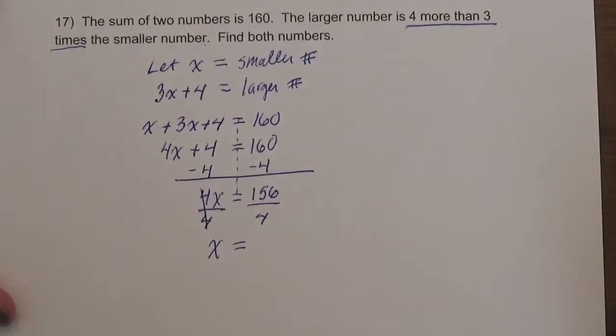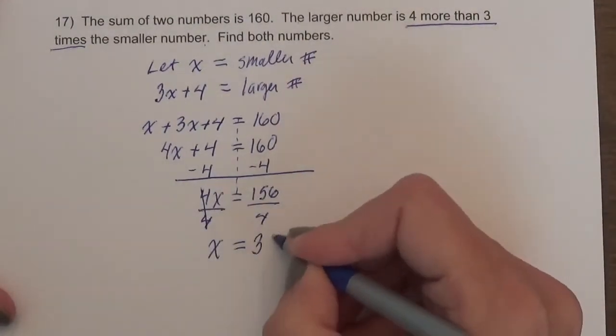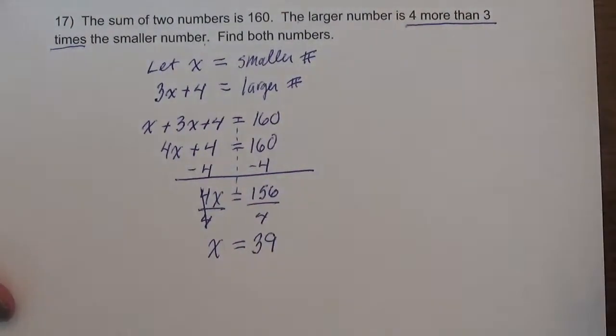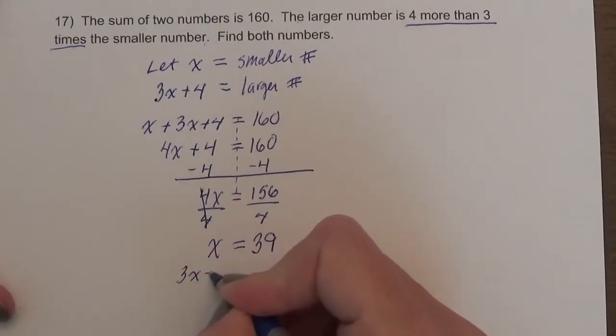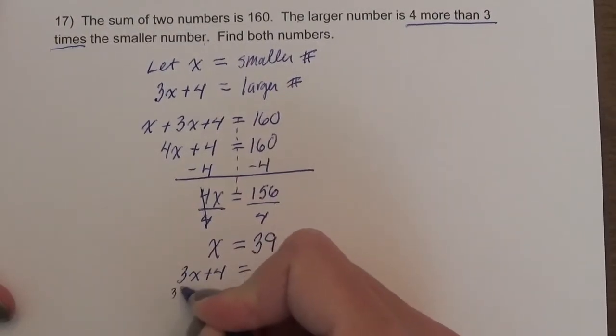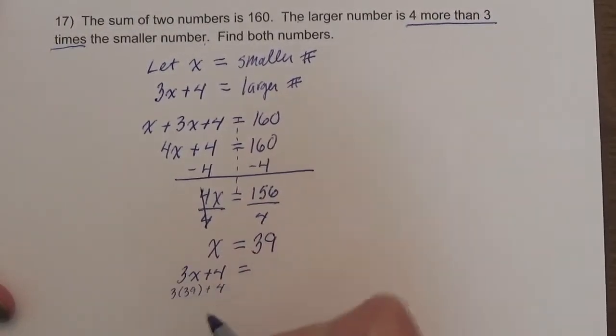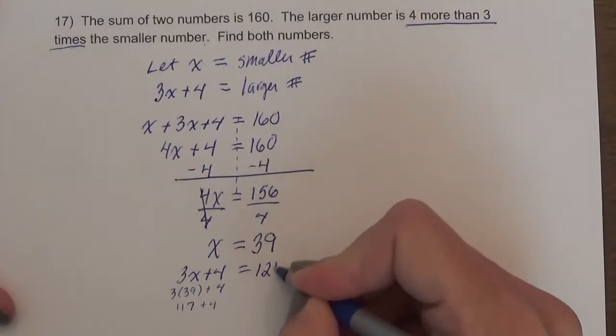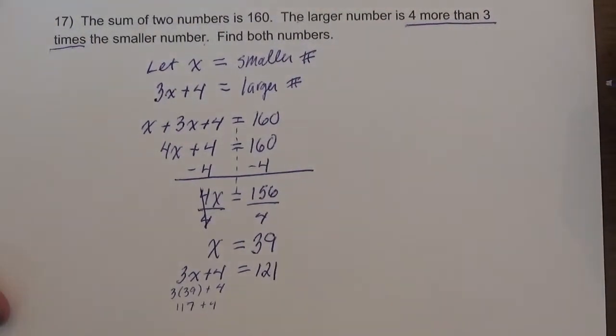And that is going to bring me down to 39. So I think the smaller number is 39. Now let's find that larger one. Again, picture plugging in the 39 right there. 3 times 39, that's 117 plus 4. We're thinking the second number is 121.